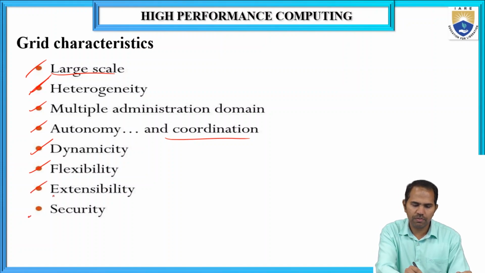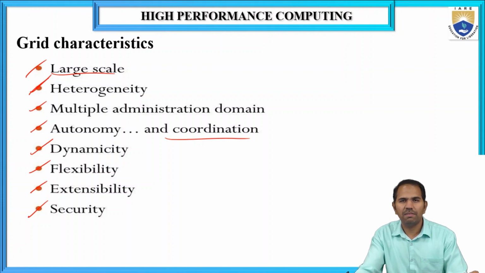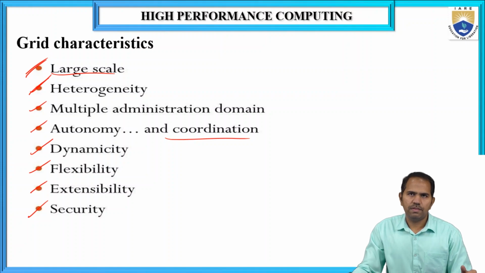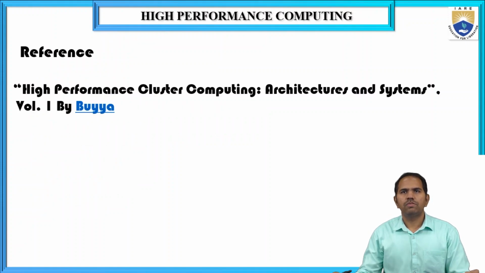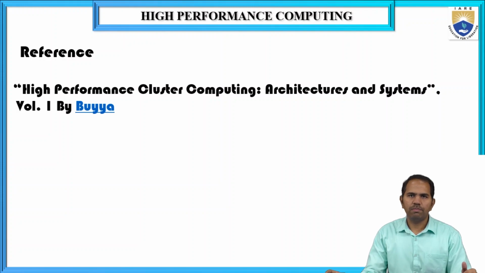And security, which we discussed previously, is a major concern for data as well as resources. So these are all the major grid characteristics. Large scale here means a large number of things can be submitted. Now I take the references from High Performance Cluster Computing: Architectures and Systems, Volume 1 by Rajkumar.